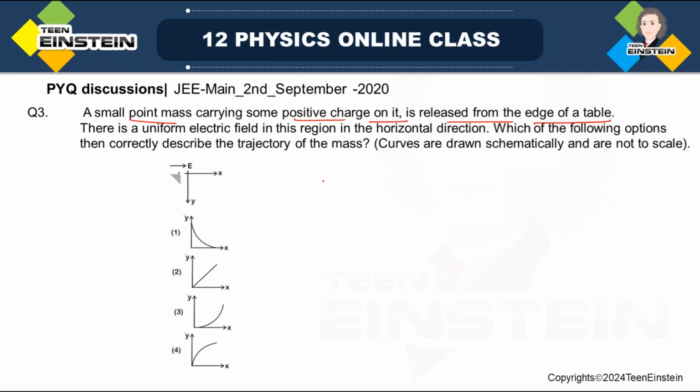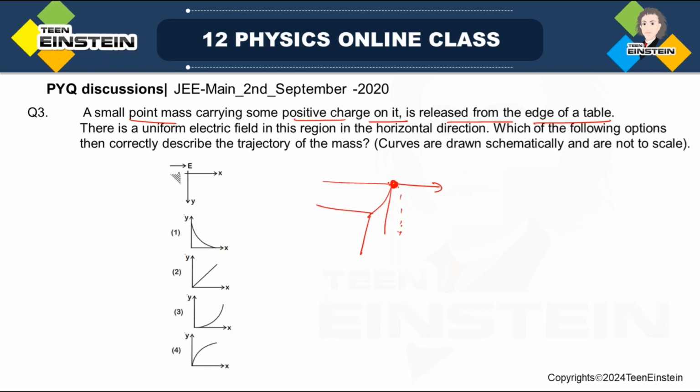Suppose there was a table like this. From the edge, a point mass is just dropped. In this region there is an electric field in this way. The point mass has a certain charge and is located at the edge of the table.